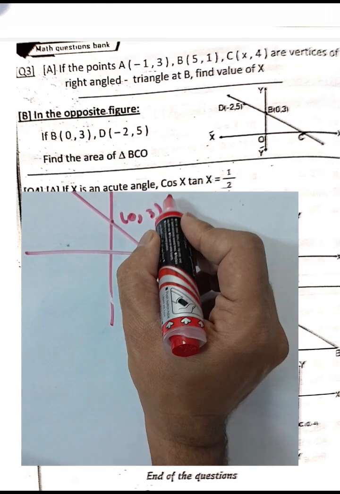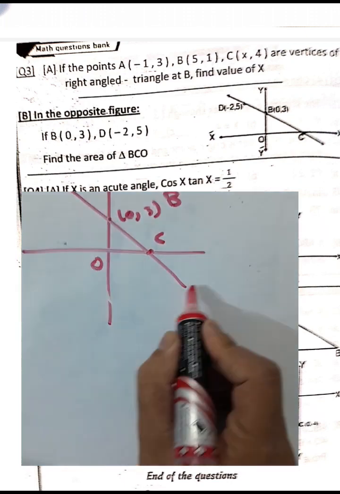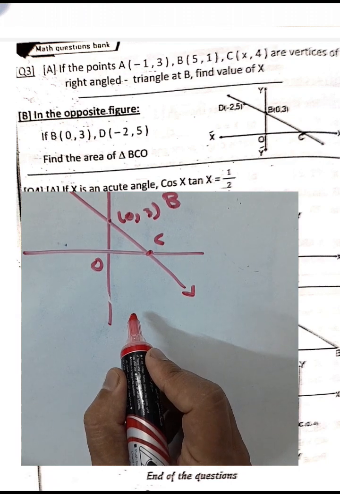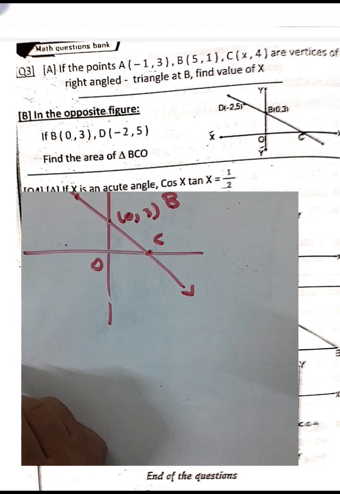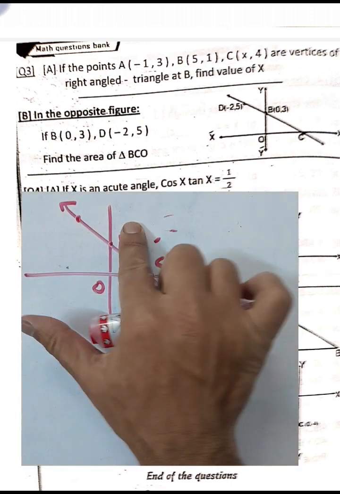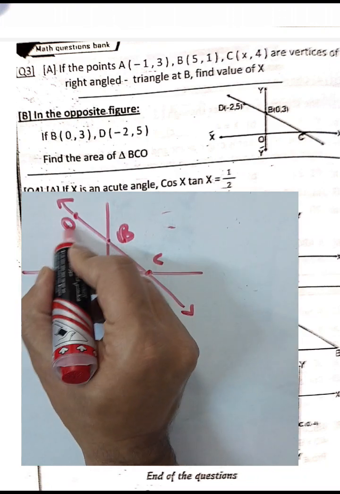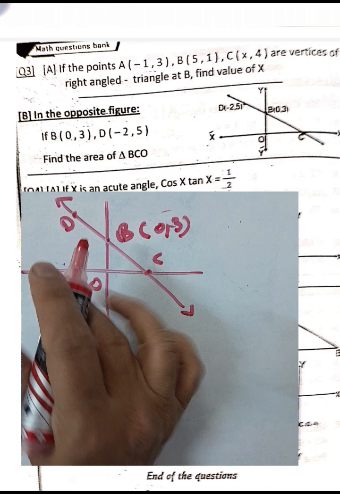This point was B, and we have the next point here C. We don't know the coordinates of C, but he gives us the coordinates of point B, which are 0 and 3, and point D lies in the second quadrant.